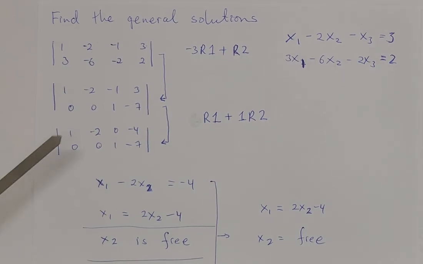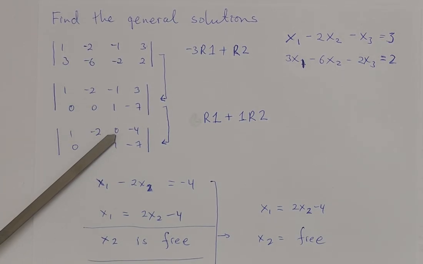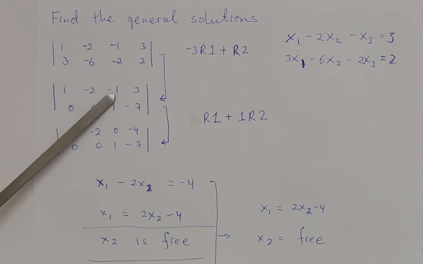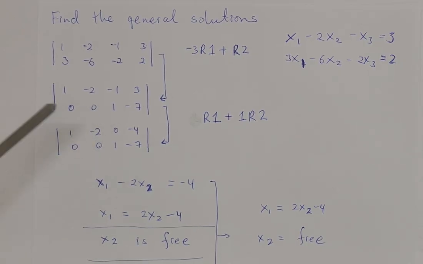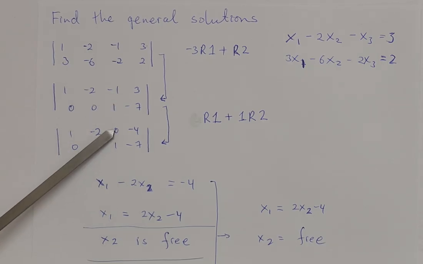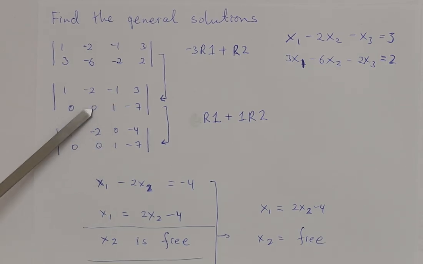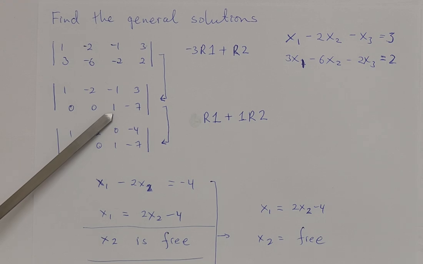Next, we want this spot right here to become a 0. The reason why this spot becomes a 0 is that here there is no 1, so we skip this and move on to this one. We want this -1 to become a 0 because there's nothing here, so we can skip to the next.